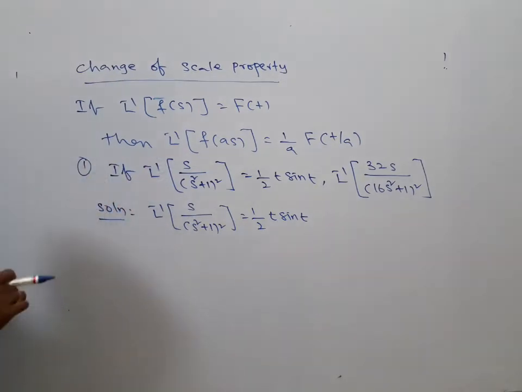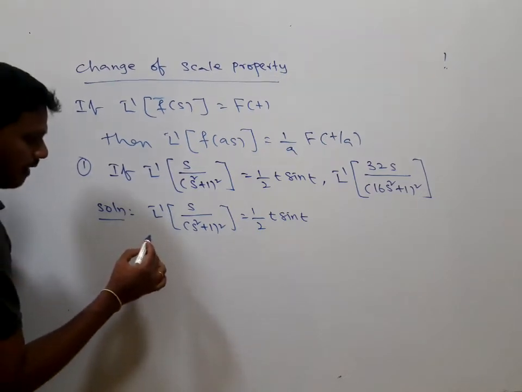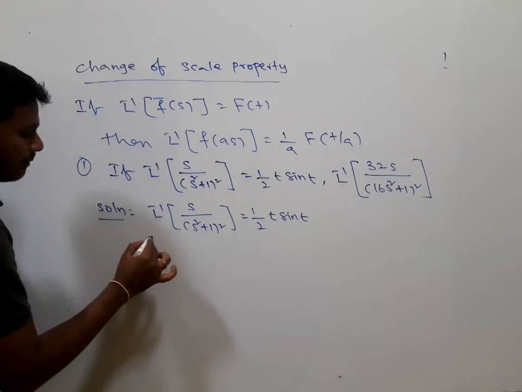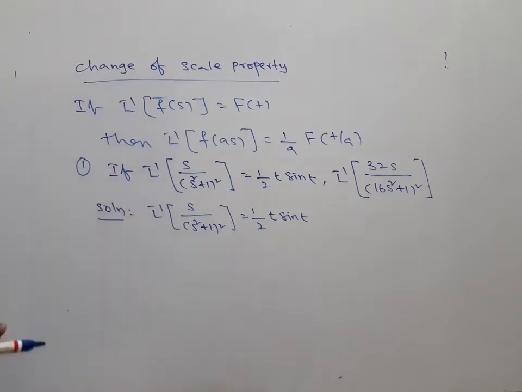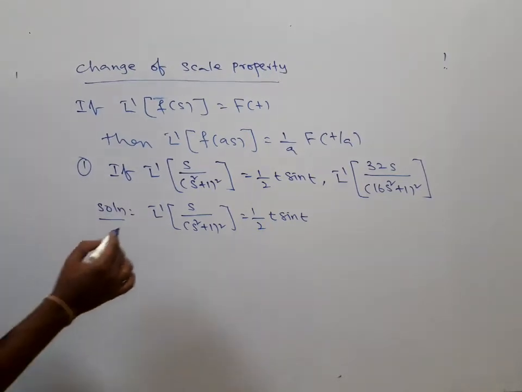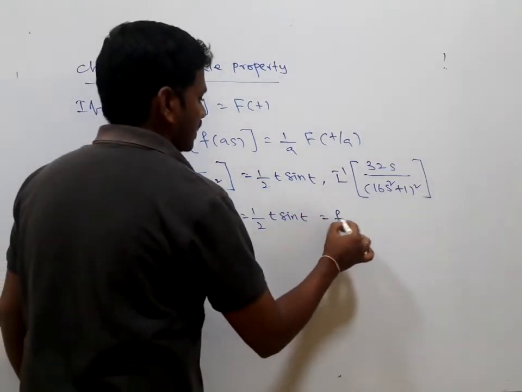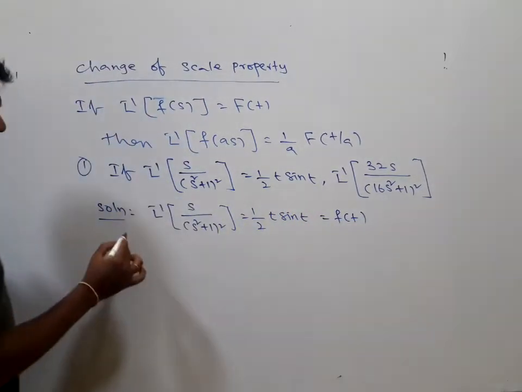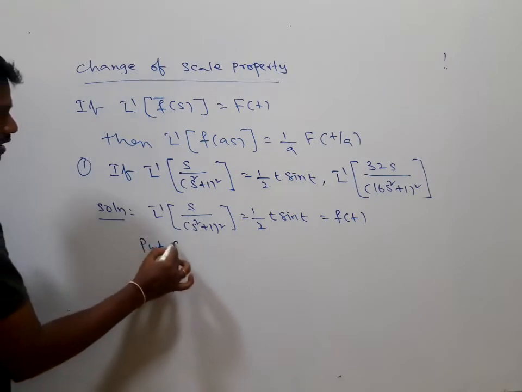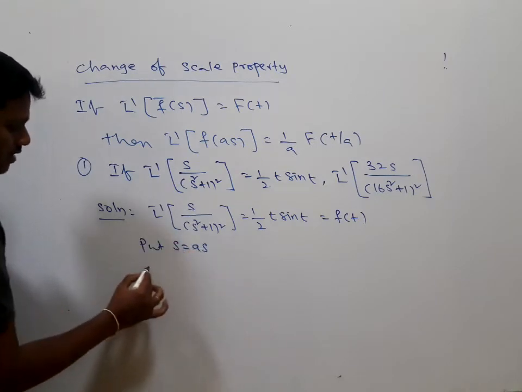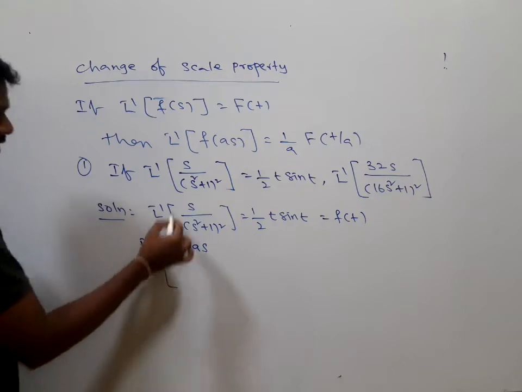See, instead of s, 16s square is there. Yes, I am going to write s equals 4s directly. If I put s equals as, which is f of s, it becomes as f of as.